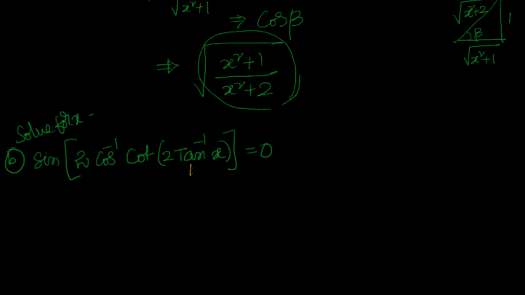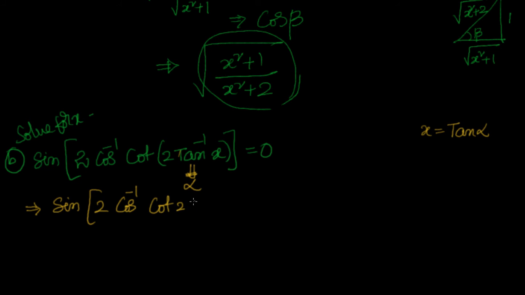Now as it is 2 tan inverse x, I will take tan inverse x as alpha. That means x equals tan alpha. So this becomes sine of 2 cos inverse of cot 2 alpha equals 0, because tan inverse x you can substitute with alpha.